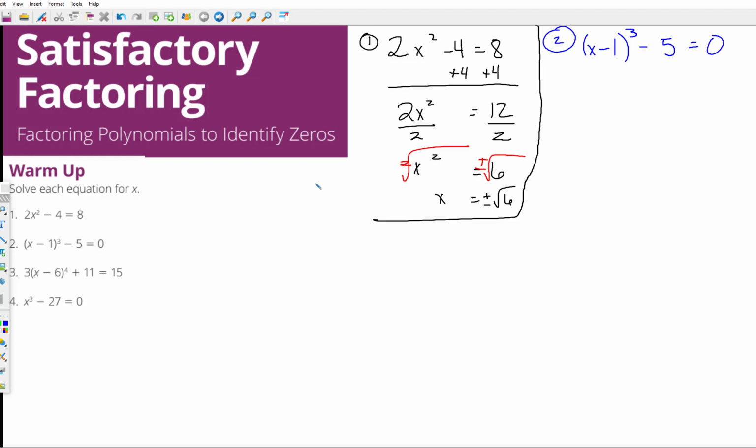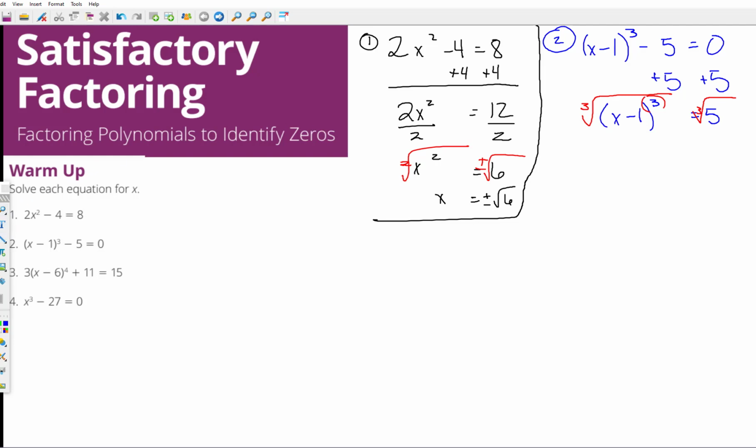What would I need to move first on this next one? So it leaves me with x minus 1 cubed is equal to 5. What would I need to move over next? Is there anything outside? We've got to get rid of this. So the cube root. Is 3 an odd number or an even number? Odd.